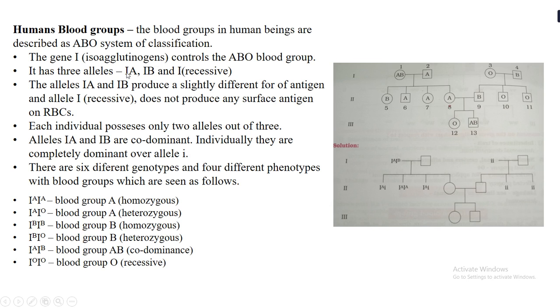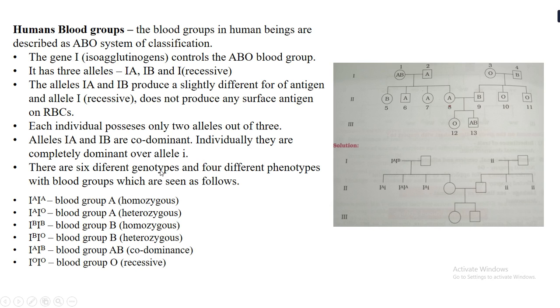Out of these three alleles, every individual will have two of them. If there are alleles IA and IB, they act as codominant with each other, and individually they are completely dominant over allele I, the recessive one.